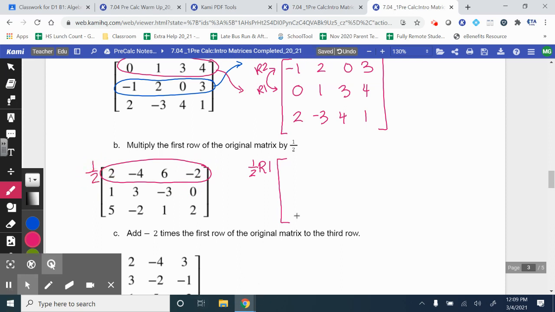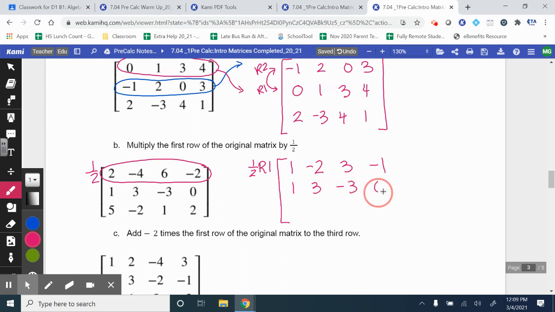So 1/2 times 2 gives me 1. -4 divided by 2 is -2, or 1/2 times -4. 1/2 times 6 is 3, and 1/2 times -2 is -1. Everything else stays exactly the same, so you're just rewriting all of that in your new matrix, and again, labeling it on the new matrix that you write.